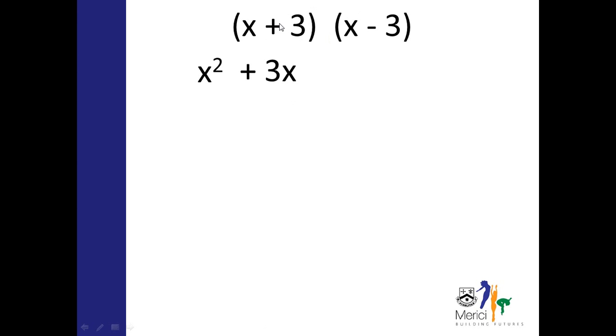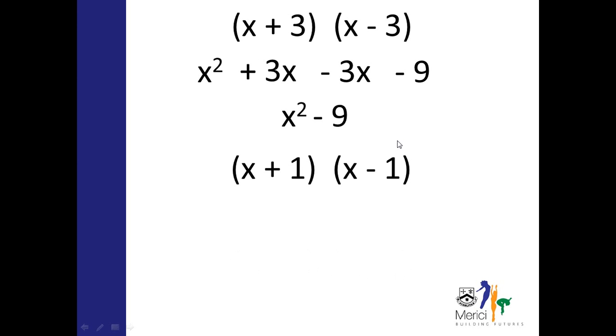Okay, so if we look at the answers to these, if this is the first one, what you'll hopefully notice is that if I do x by x, I get x squared, and then 3 by x, I get 3x, and then negative 3. You might have had these two the other way around, but ultimately you'll end up with the same answer. And what you'll notice here is that these two can be collected and actually cancel each other out because it ends up equaling 0, and we end up with this.